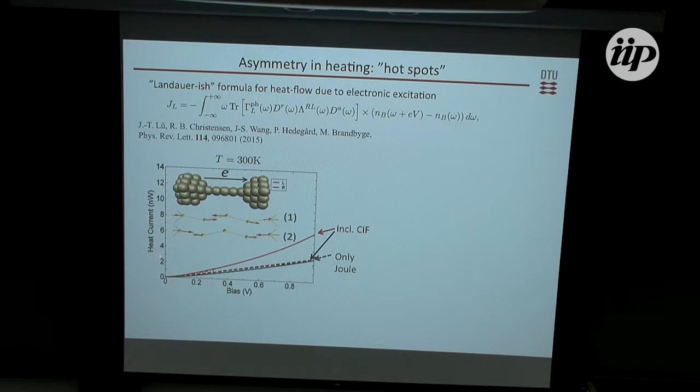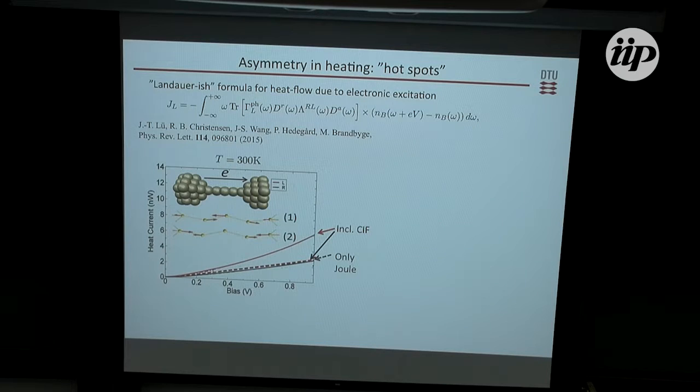So now here I look at the heat current as a function of bias in the system, and this is at 300 Kelvin, and of course then the electrons will kick the atoms in here and give some Joule heating, which will flow into these electrodes.